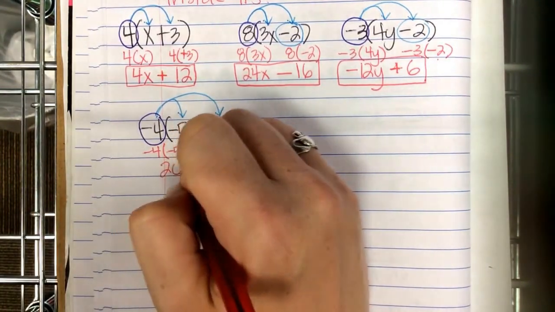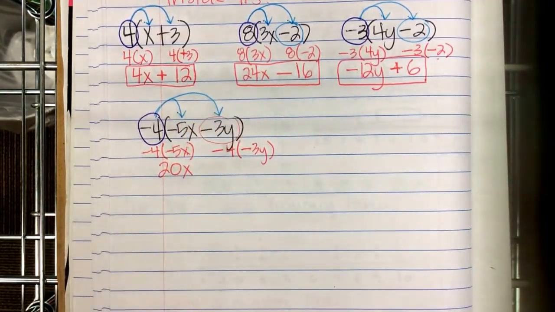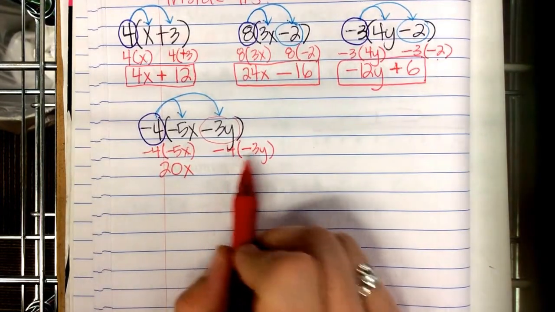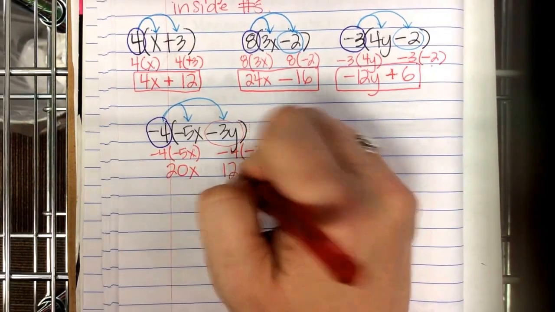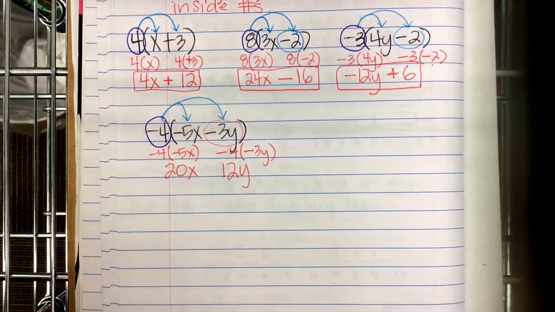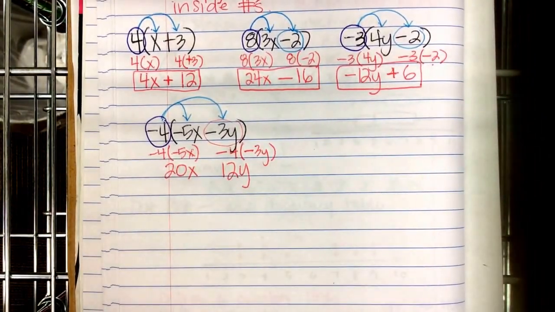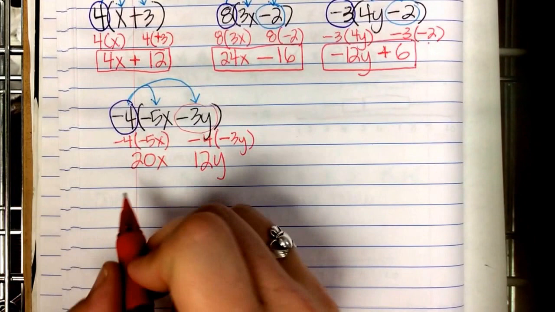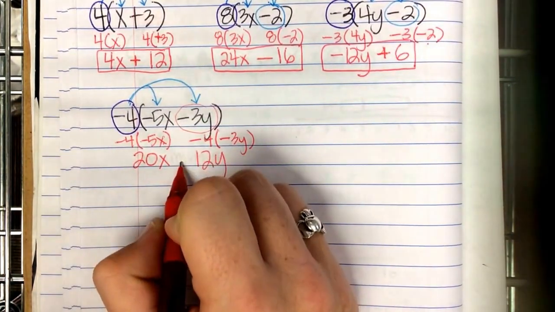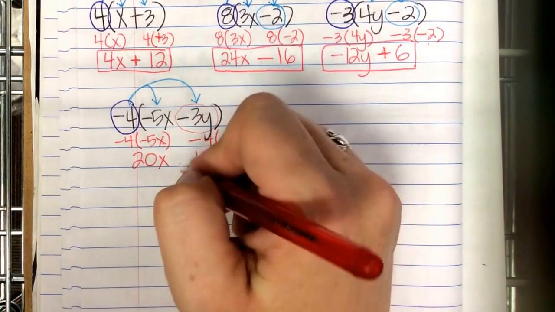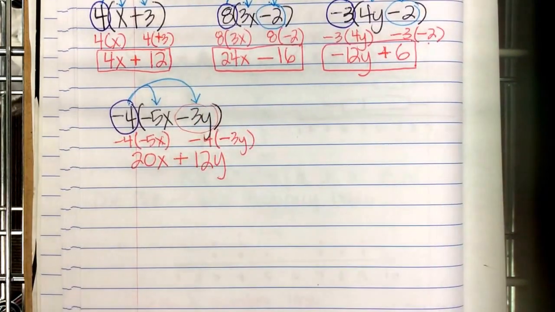Positive 20x. What's negative 4 times negative 3? 12y. Why does that look funny? There's no sign in the middle. It's hiding from us. It's positive, so I put a plus.